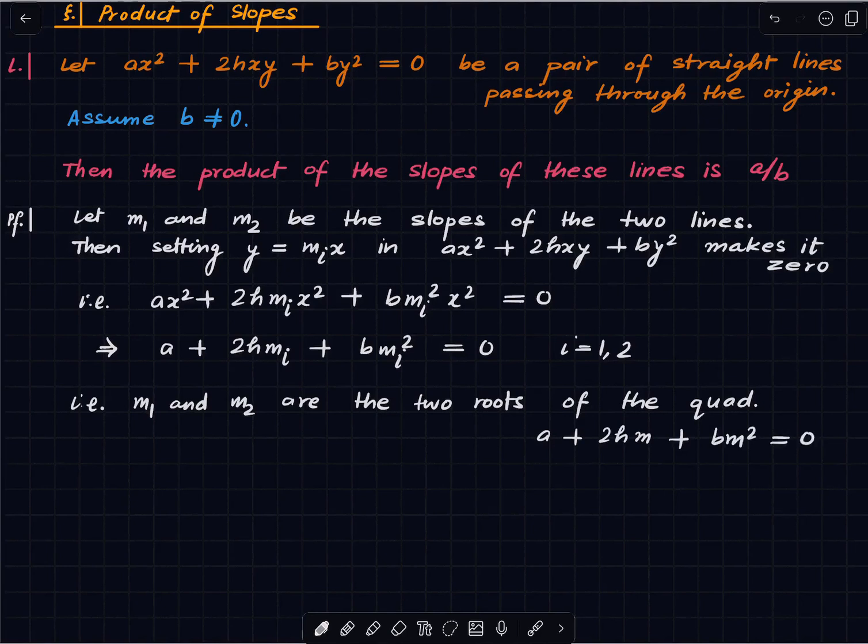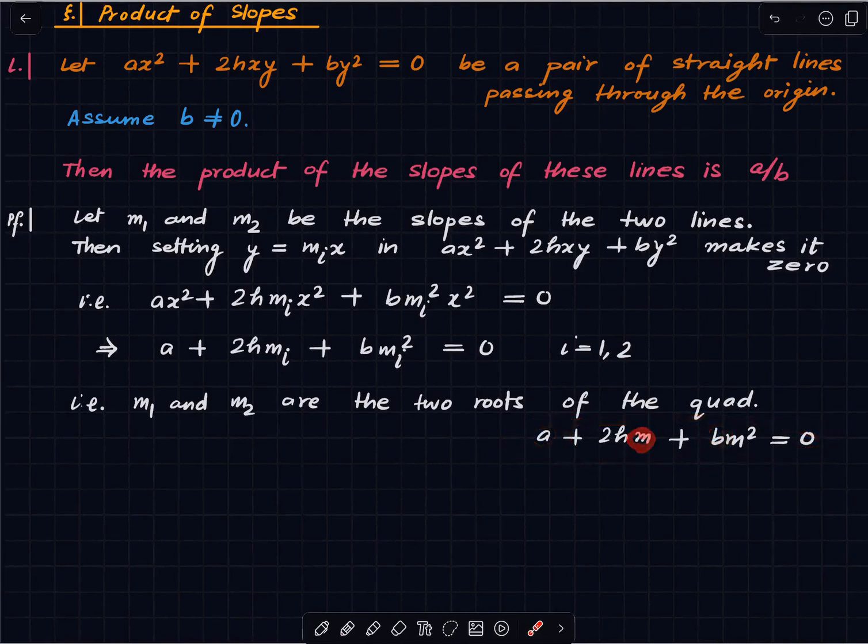Right, but recall what is the product of the roots of a quadratic. The product of the 2 roots of a quadratic is the coefficient of x to the power 0 divided by the coefficient of x square. Or in our case, it's m.